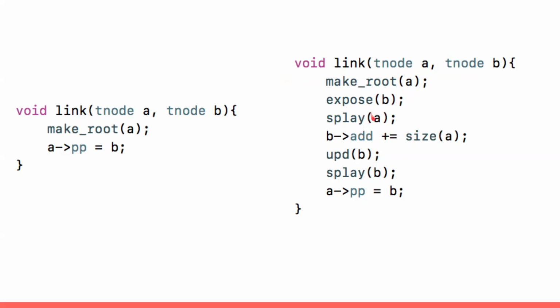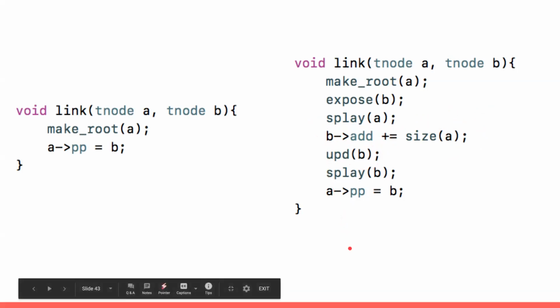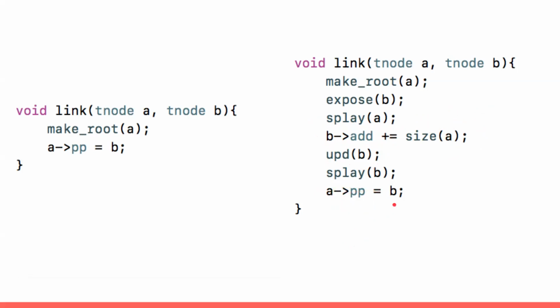If A is the root, when we call the size function, we will be able to find the number of nodes in its subtree, in the whole tree, not only in the splay tree, but in the tree as a whole. So this function will let us know that, and we will be able to add this value to add. Then we update it, display it, and say that the PP of A is B.